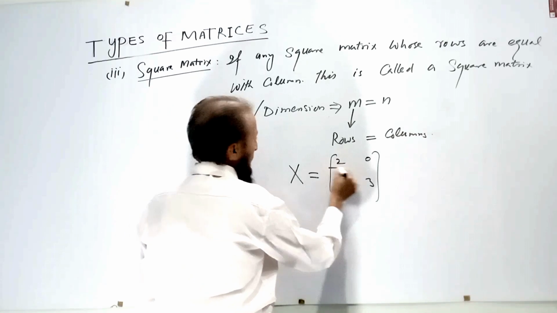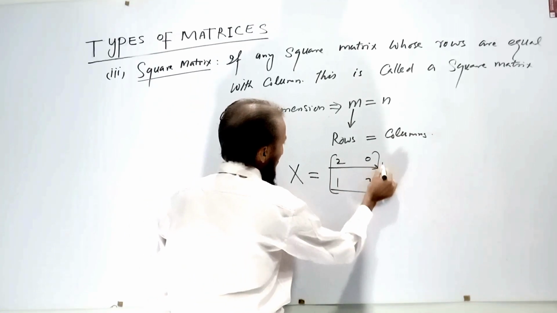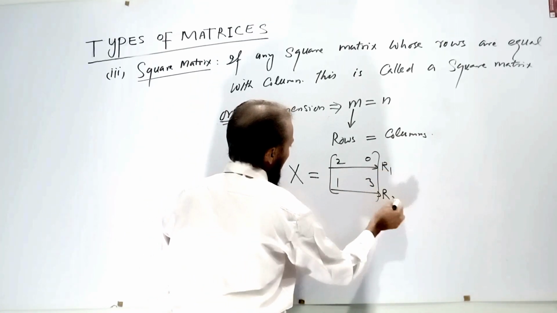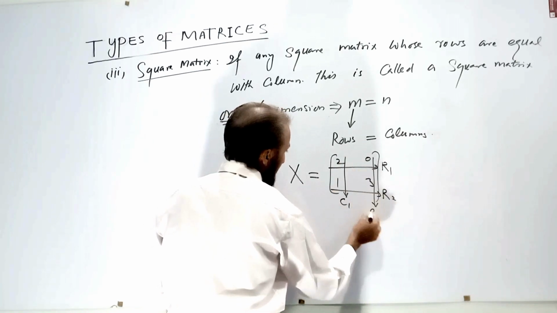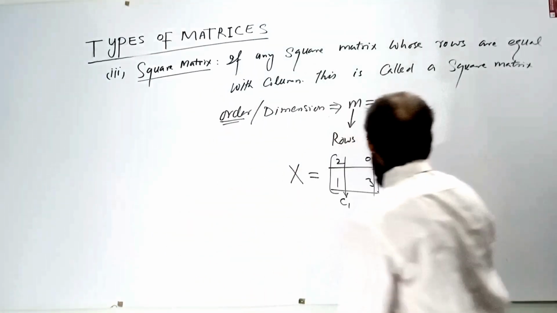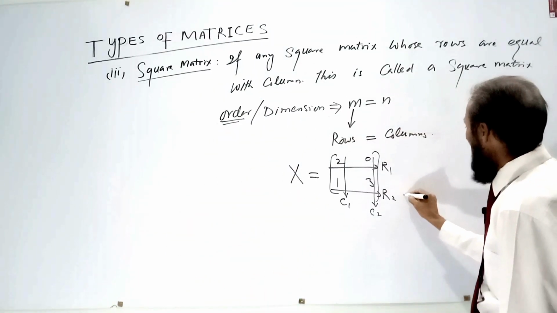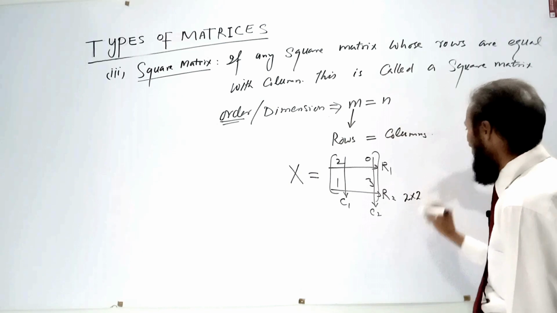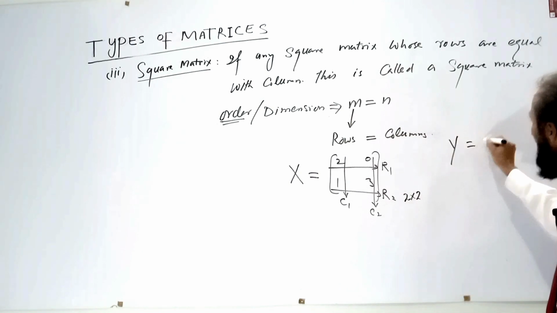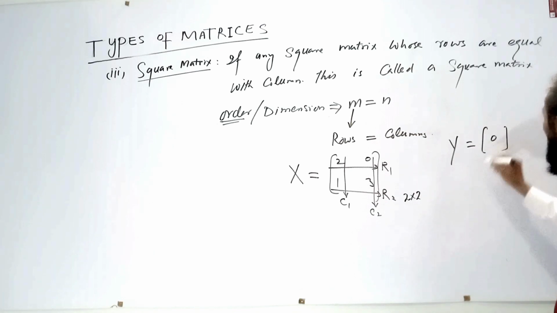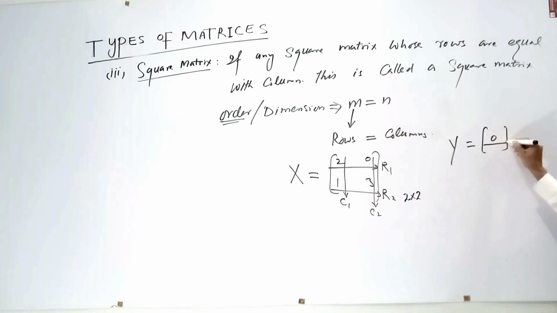Look here, there are two rows and two columns, so this is called a square matrix. That means we can write dimension 2 cross 2. Another example, y is equal to 0. This is also a square matrix because here is one row and one column, so the order is 1.